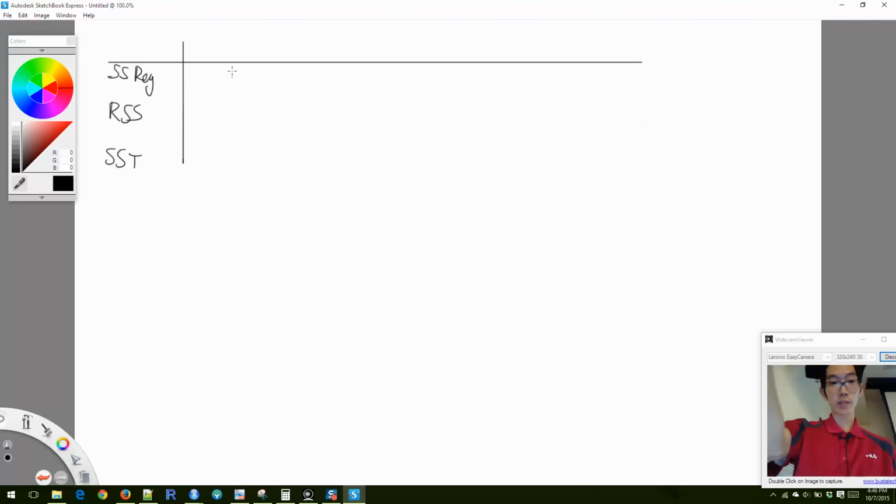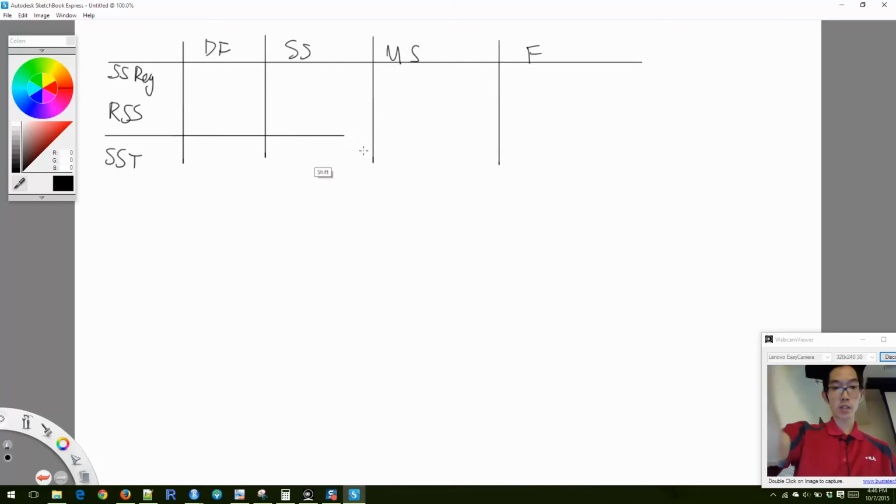Then we have columns for degrees of freedom, sum of squares, mean squares, and our F. The degrees of freedom for the total is n minus 1, so we have 4 data points, 4 minus 1 gives me 3. We're always going to have 1 for the regression because we only have one thing predicting it, and then these have to add together, so we get 1 and 2.